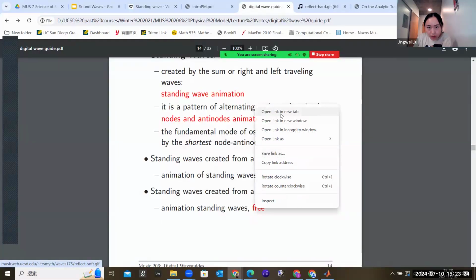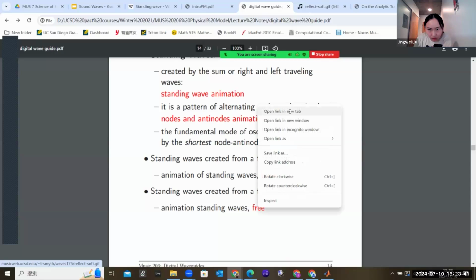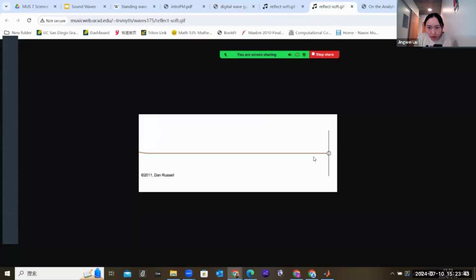What about the free end, the free boundary? Oh no, sorry, I think I did this wrong. It should be this one. So this is the free boundary.